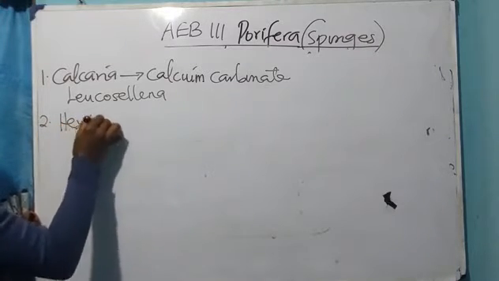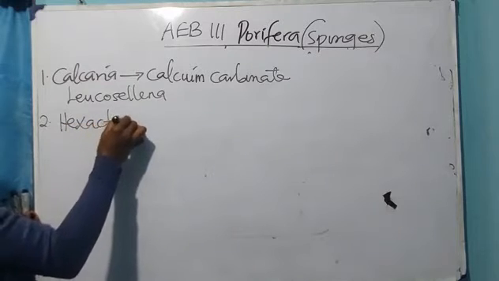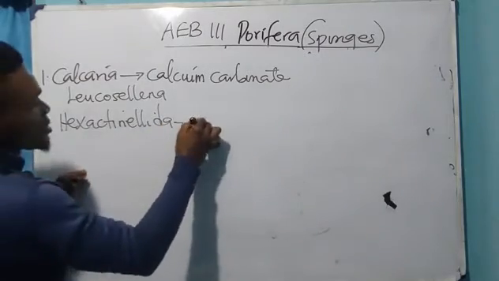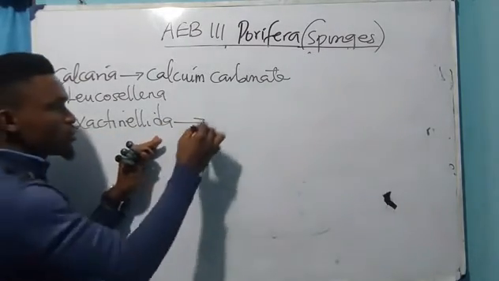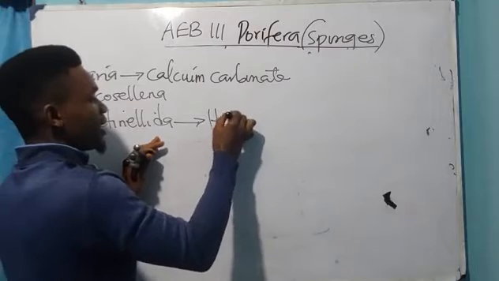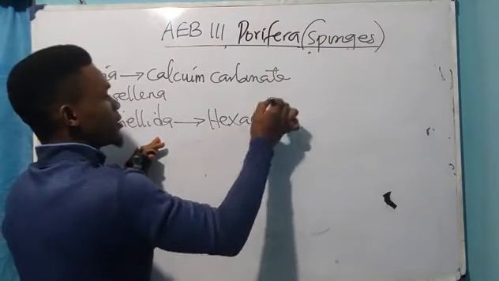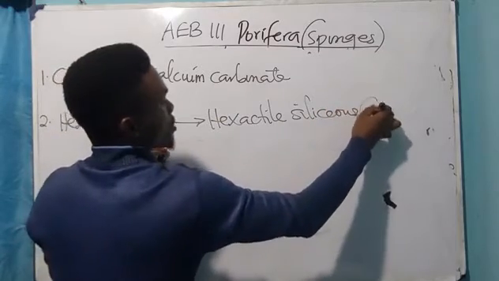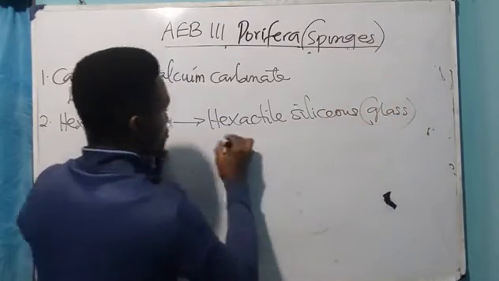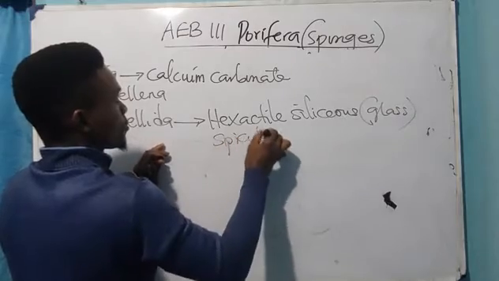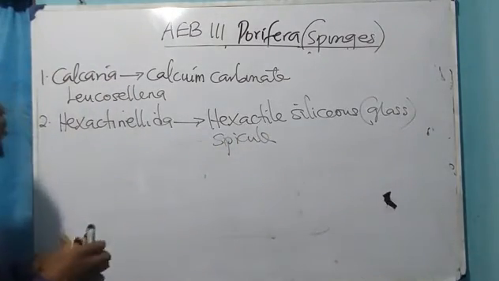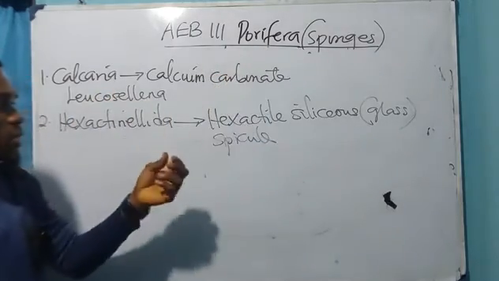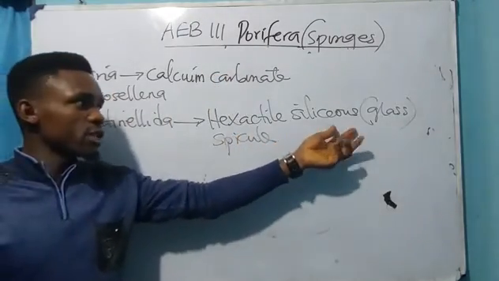Number 2 is class Hexactinellida. Now this class Hexactinellida possesses hexactine siliceous, of course, glass spicules.